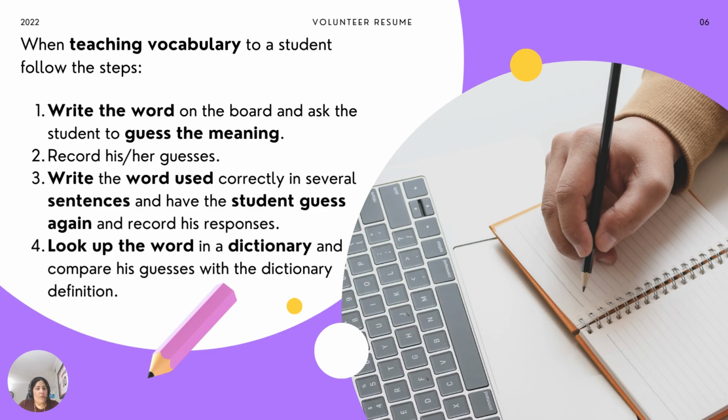Write the word on the board and ask the student to guess the meaning. 2. Record his or her guesses. 3. Write the word used correctly in several sentences and have the student guess again and record his responses. 4. Look up the word in a dictionary and compare his or her guesses with the dictionary definition.